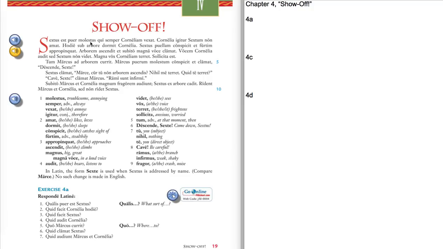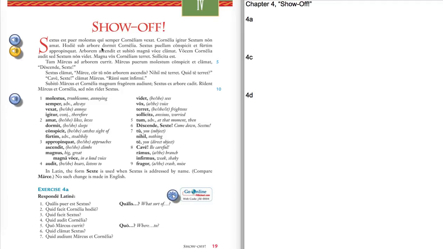Sextus est puer molestus. Number two, quid facit Cornelia hodie? Remember from previous chapters, quid facit means what is somebody doing? In this case, what is Cornelia doing and when? Today. So then we'll say quid facit Cornelia hodie. Okay, here's what Cornelia is doing. Hodie sub arbore dormit Cornelia.